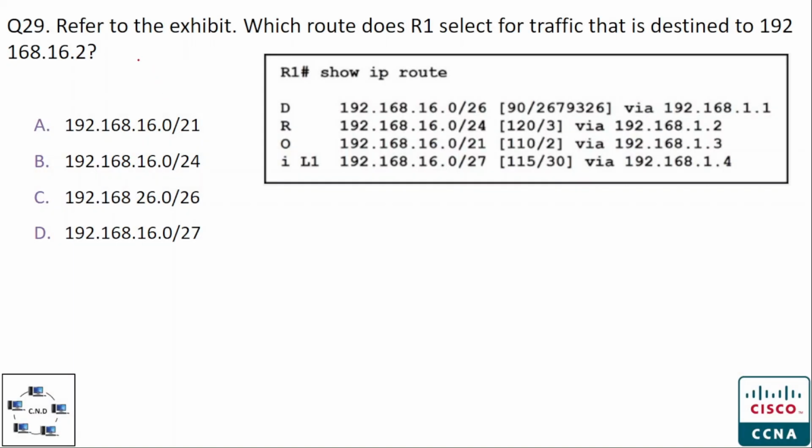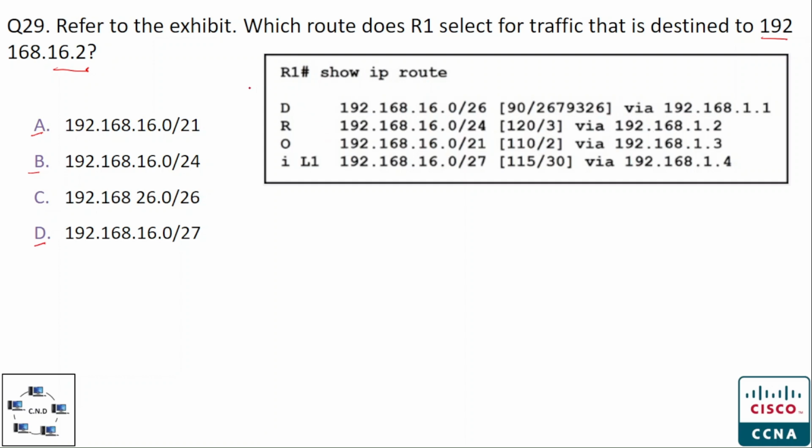Question number 29, refer to the exhibit. Which route does R1 select for traffic that is destined to 192.168.16.2? And the options are option A 192.168.16.0/21, option B 16.0/24, option C 26.0/26, and option D 16.0/27.